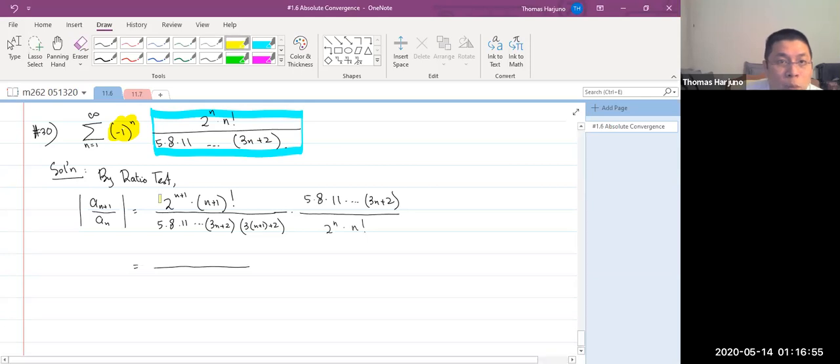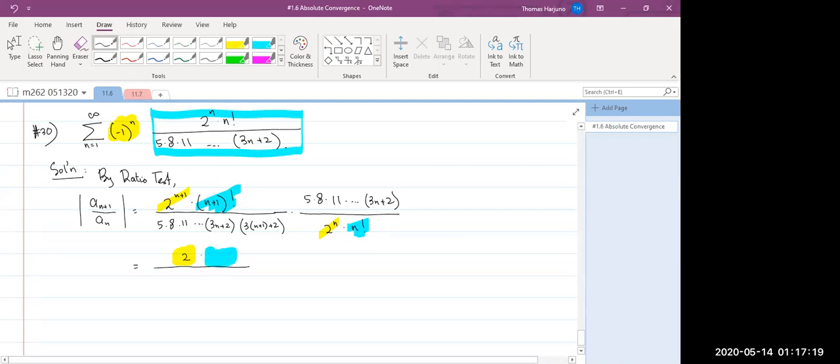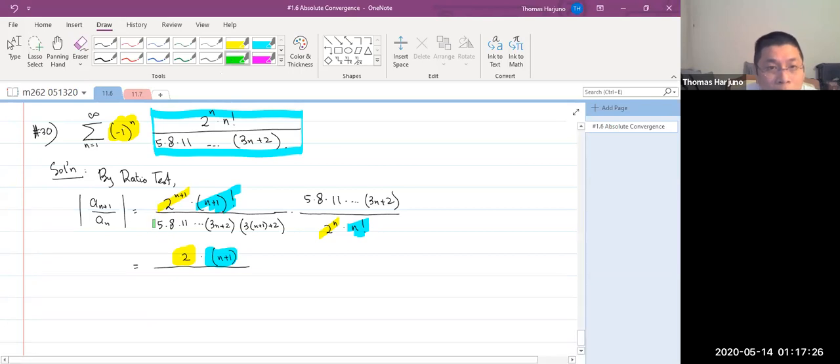Okay, what happened to the 2 to the n plus 1 with 2 to the n? That will be 2, is it right? And then n plus 1 factorial with n factorial will give us n plus 1 times n plus 1. Okay, and then I can actually cancel the whole thing here with the whole thing here, right?